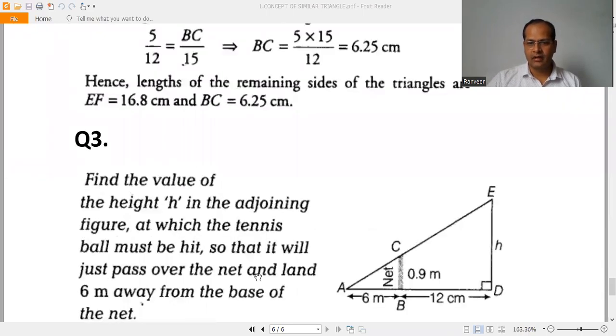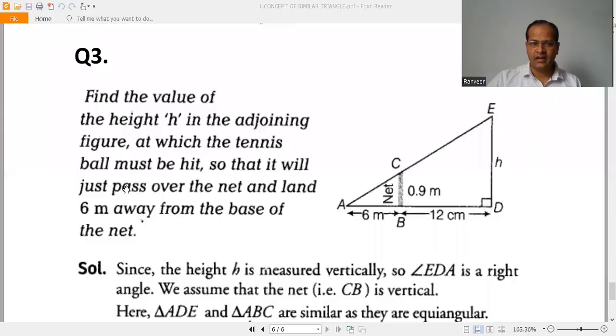Now, question number 3 we will see. In this figure, find the value of H, the height at which a tennis ball must be hit so that it will just pass over the net and land 6 meters away from the base of the net. This is the net, this is the base of the net, and this is 6 meters where it will land.